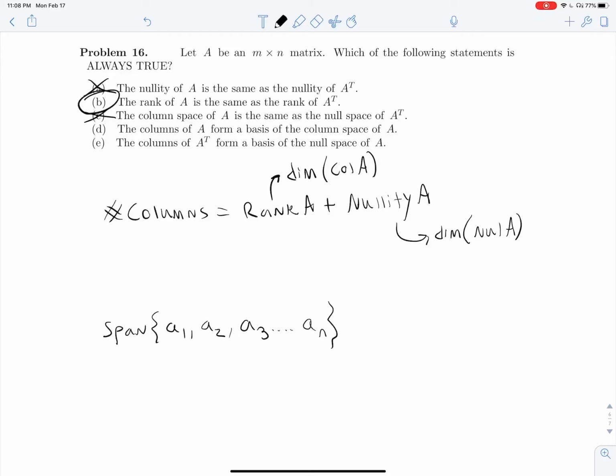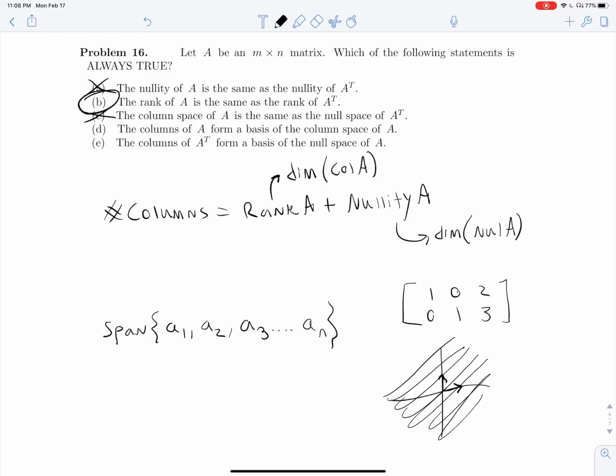If we're dealing with, say, a 3 by 2 matrix and we have 1, 0, 0, 1, 2, 3, we can see that the vector on the end here, 2, 3, is completely redundant because with our first two vectors, we are going to have two linearly independent vectors. So we're already going to span all of our 2, and our third vector here is not included in the basis because it doesn't actually add anything to our span.